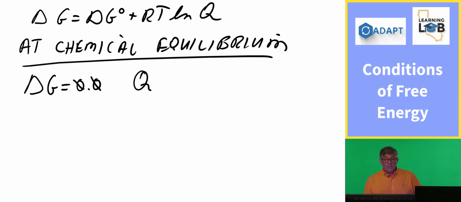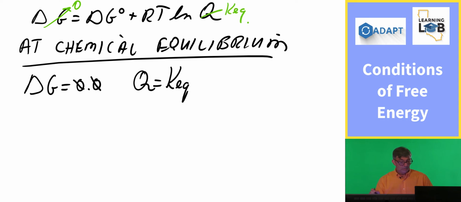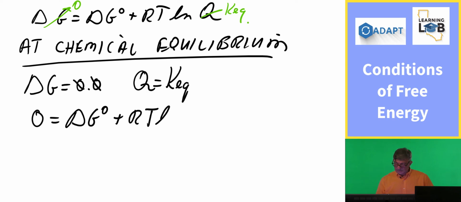The reaction quotient equals the equilibrium constant. And therefore, under these conditions, delta G is 0 and Q equals the equilibrium constant. So we're going to have 0 equals delta G0 plus, now we're at equilibrium, RT ln KEQ.